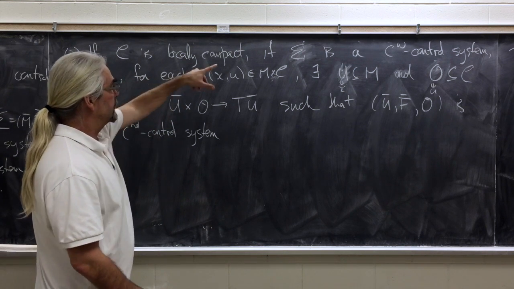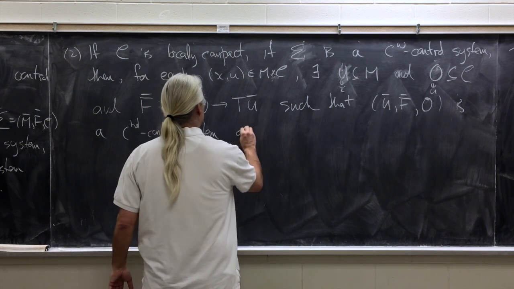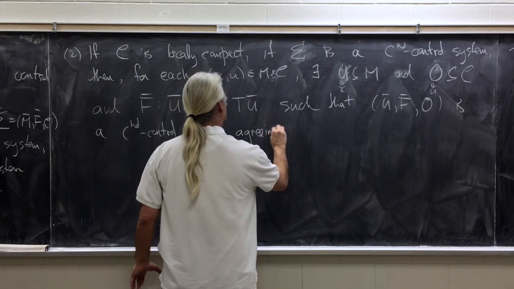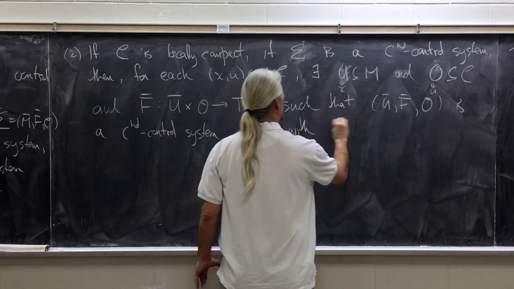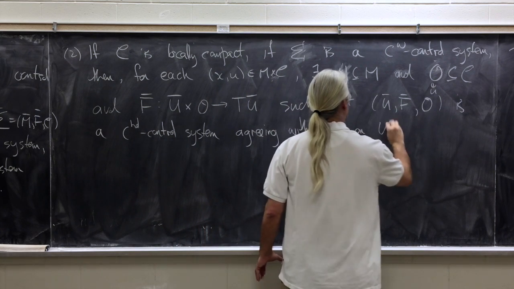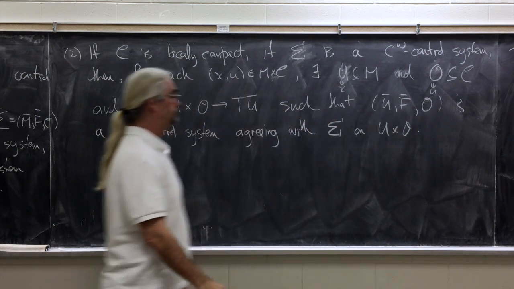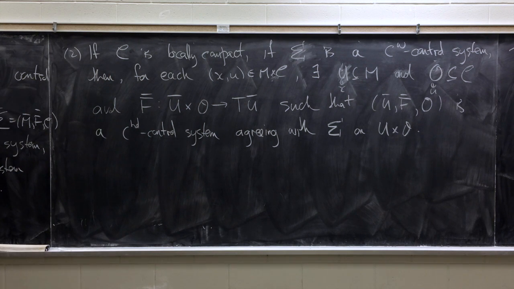Well, no, it agrees with sigma. Okay, so you can locally extend, is the point. Okay, and that's the best you can do. And so you can come up with counterexamples that show that this is false when the control set is not locally compact. Okay, so local compactness is required here to have this holomorphic extension.